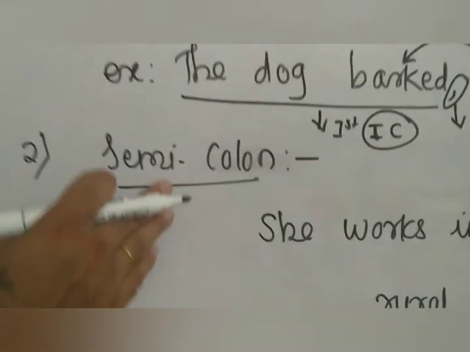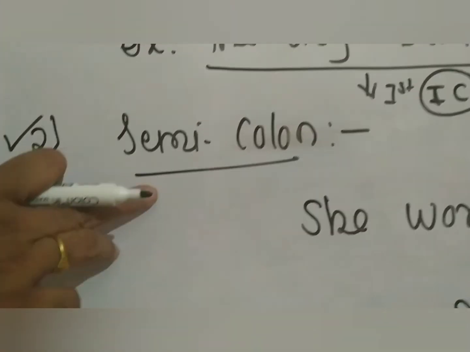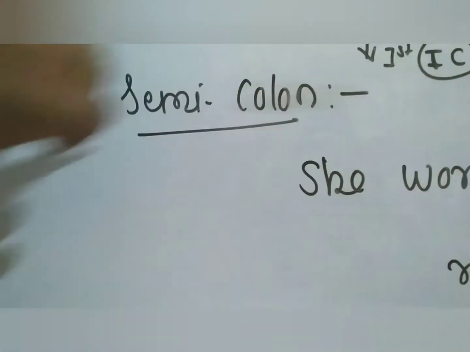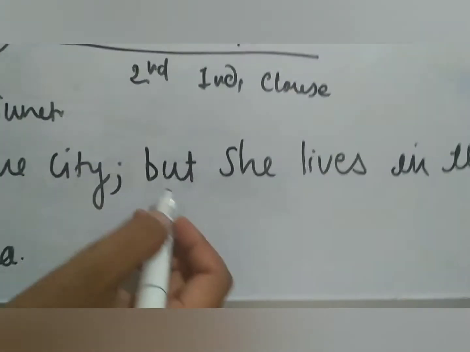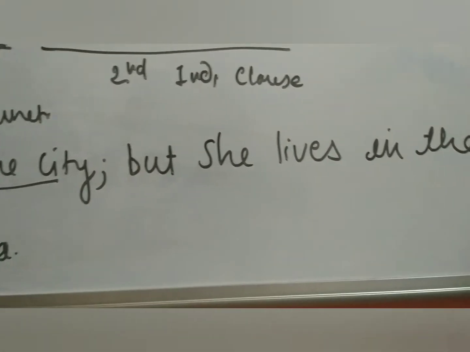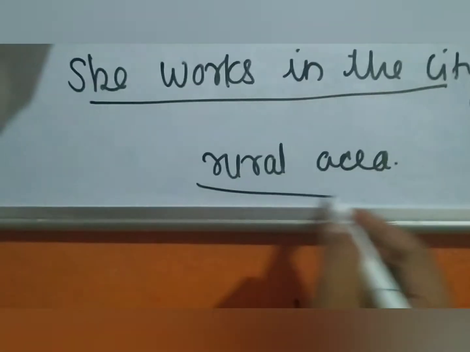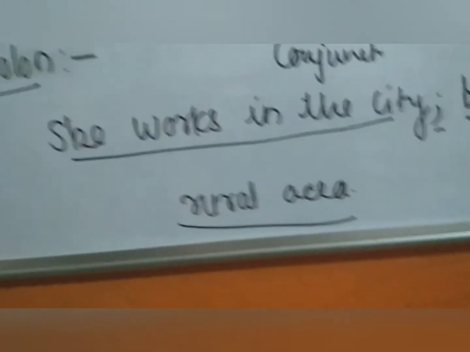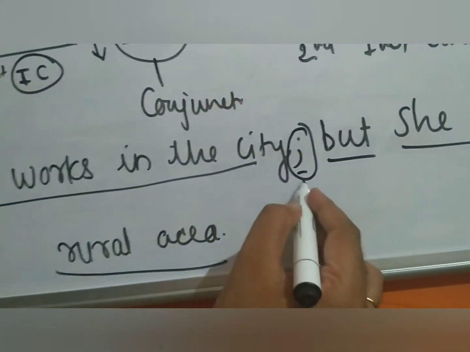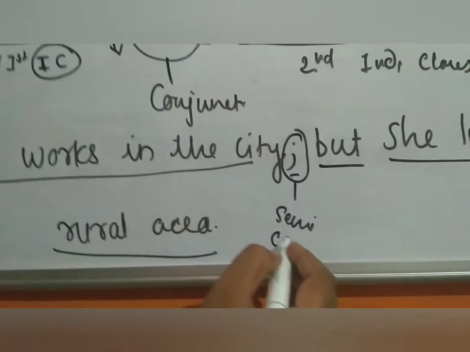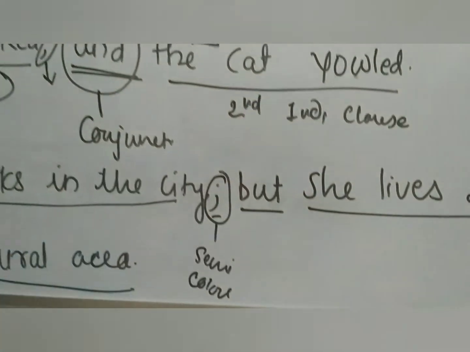Now we use the semicolon. Second, when we write a compound sentence, sometimes we use the semicolon also. Now see the example: she works in the city, but she lives in the rural area. Now friends, this is the semicolon symbol, a dot and a comma.